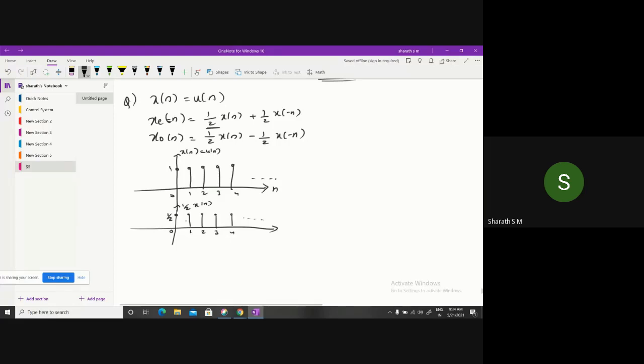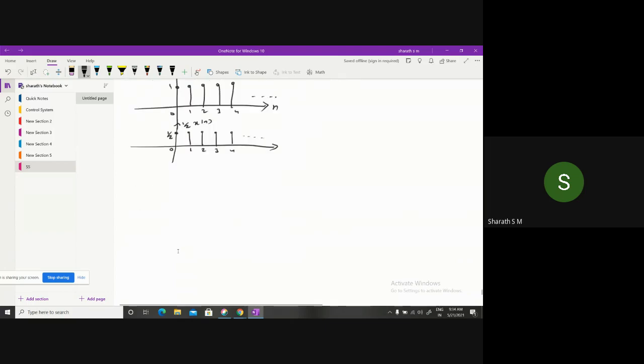What is x of minus n? It is the reflection operation.